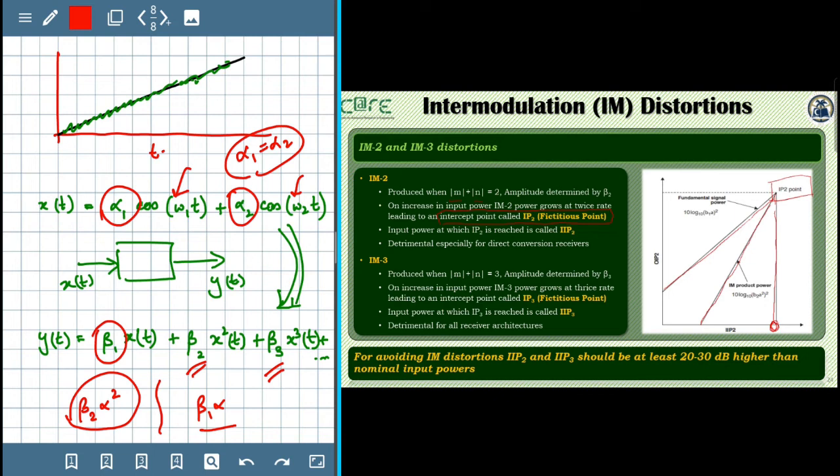Similarly, if we have a look at the third order intermodulation distortion, these are the intermodulation distortions for which the sum of the absolute values of m and n is equal to 3. So frequencies like 2 omega 1 plus minus omega 2, or 2 omega 2 plus minus omega 1, are those responsible for the third order intermodulation.